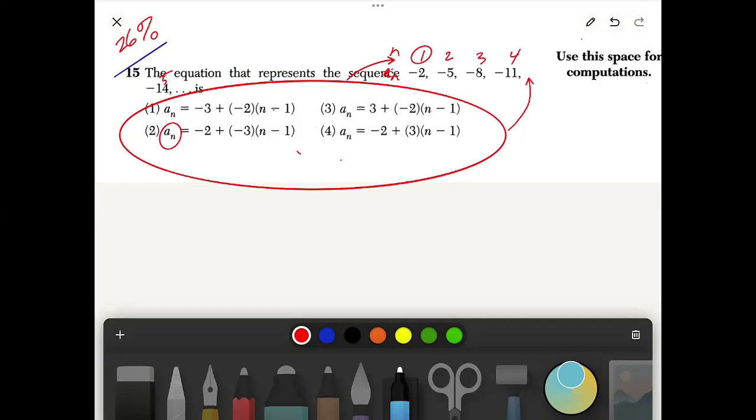Now, an easy way to do this, and I'm gonna keep saying this. I know I've said it a lot, but I'm gonna keep saying it until it really resonates. Whenever you see sequences with equal signs, 9 times out of 10, you can graph it, and it'll help you answer these kinds of questions.